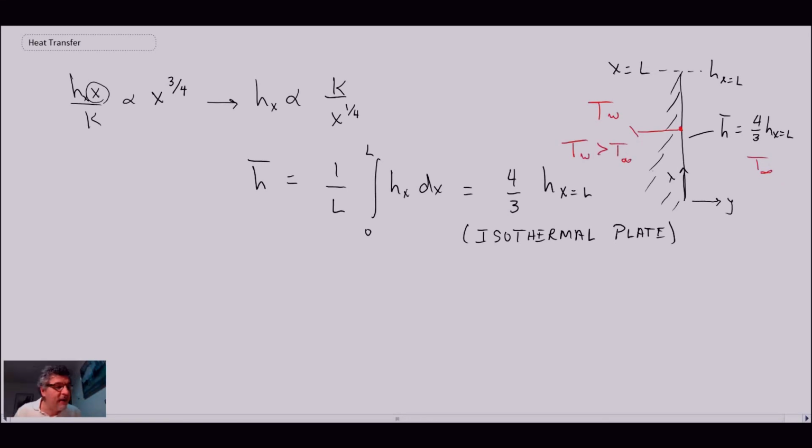So that is the solution that we can obtain, and we had the functional form for the Nusselt number. There are different ones that exist in different books depending upon how the curve fit has been performed. But the main thing to remember is 4/3 h at x equals L, and this is for laminar flow. It's not for the case of a turbulent flow, so we have not gone through the transition process yet.